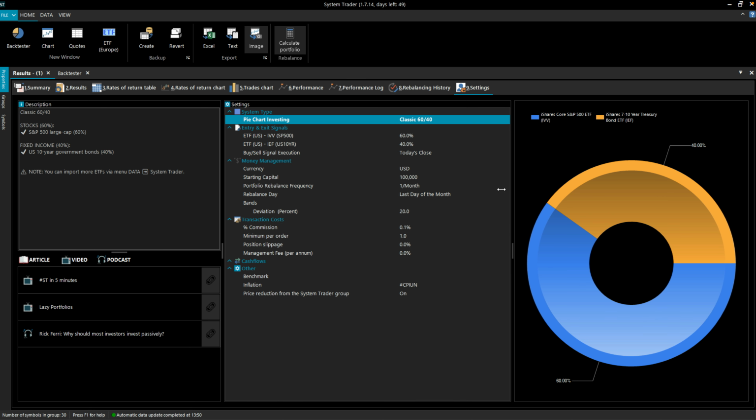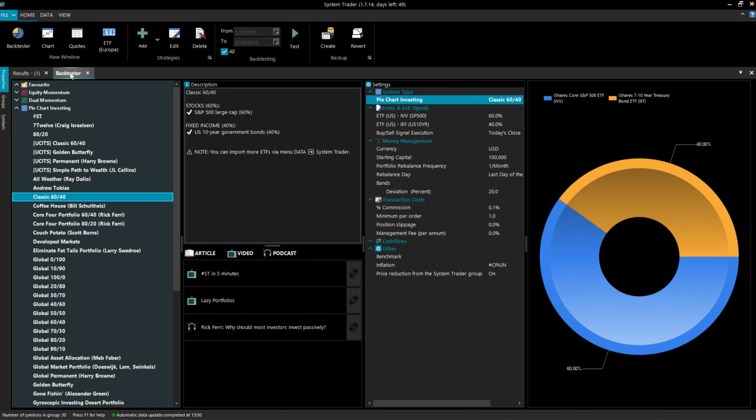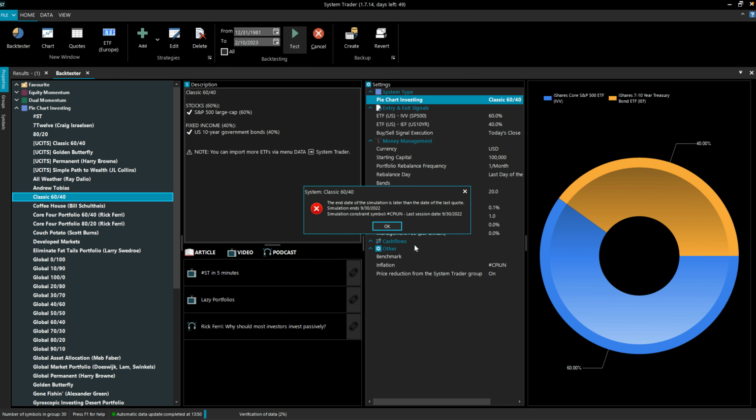Okay, so now let's do a practical exercise, and let's go again to this 60/40 portfolio, but rather than running it on the whole period of over 100 years, let's start the simulation from December 31st, 1981 to 2022, because there's no earlier data. And let's see what we have.